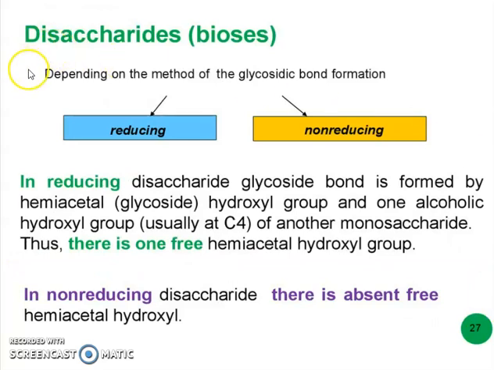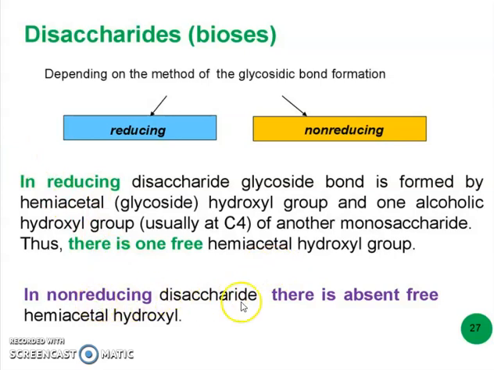Now a disaccharide may be reducing or non-reducing. In a reducing disaccharide, the glycosidic bond is formed by the hemiacetal hydroxyl group of one monosaccharide and one alcoholic hydroxyl group, usually at carbon 4 of another monosaccharide. Thus there is one free hemiacetal hydroxyl group.